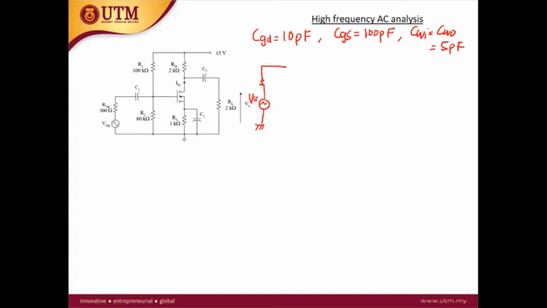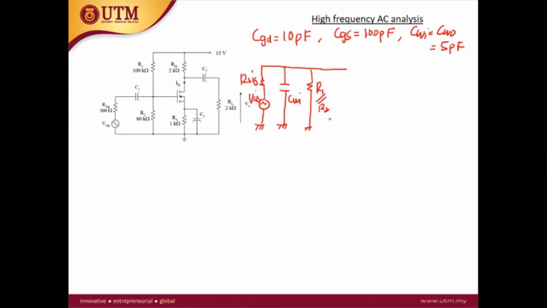Okay, this is your V signal, R signal, and then at the input, you have the CWI. And then you have R1 parallel with R2.